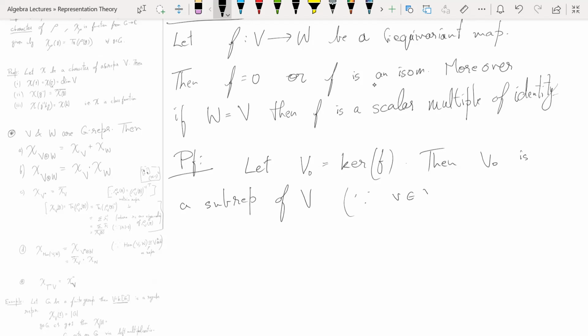So if v belongs to V0 and g belongs to G, then g dot v, when I apply f to it, since f is G equivariant, is the same as g dot f of v. But f of v is 0, because we had chosen something in the kernel.